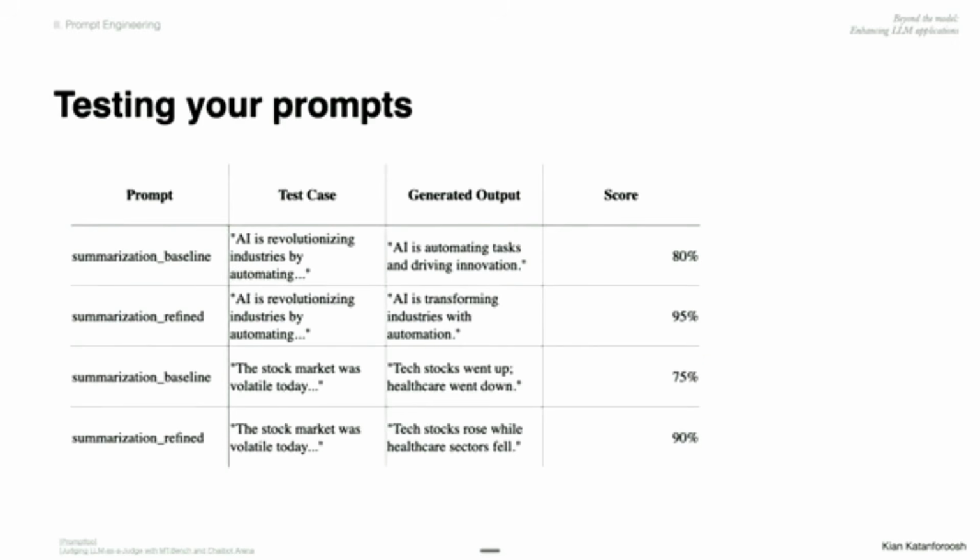We'll talk more later about testing your prompts, but there are methods now to do it, and we'll see later in this lecture with our case study how we can test our prompts. But here is an example of how you might do it. You might have a summarization workflow, a baseline prompt that is a single prompt.